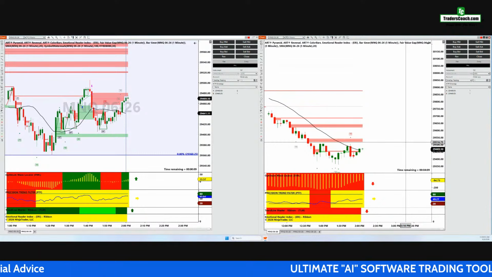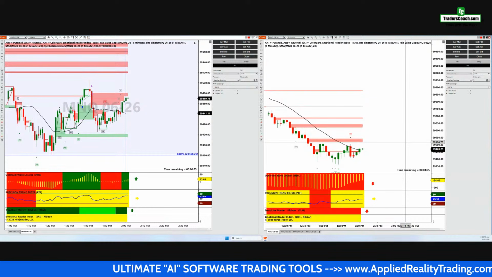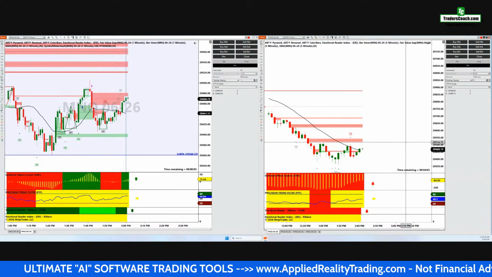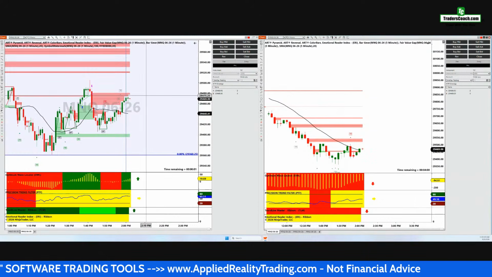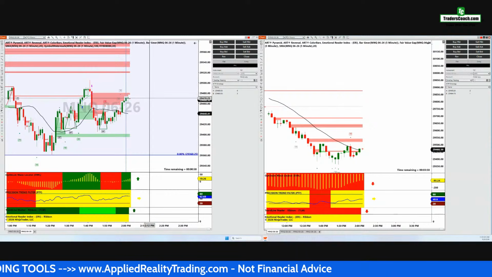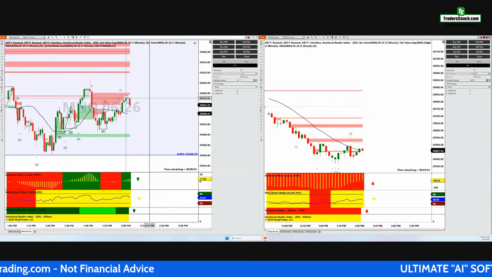We'll see once we get a big bar down. The bearish fair value gap so far is still respected, even though we did close above consequent encroachment. It still was respected. Right now we're moving back down.